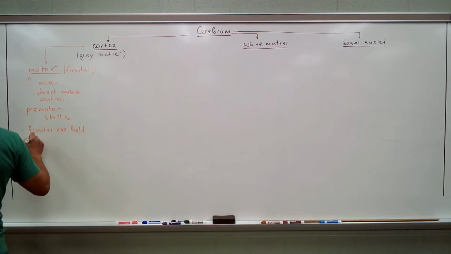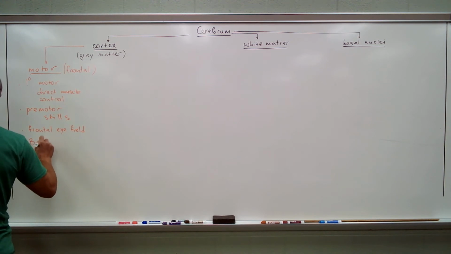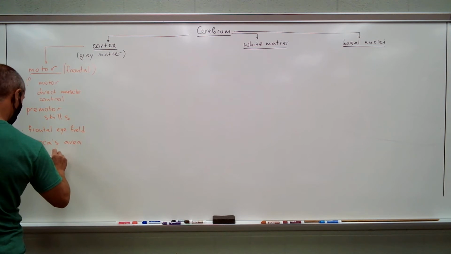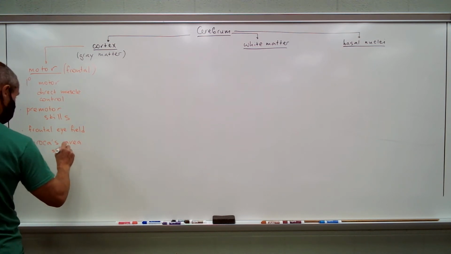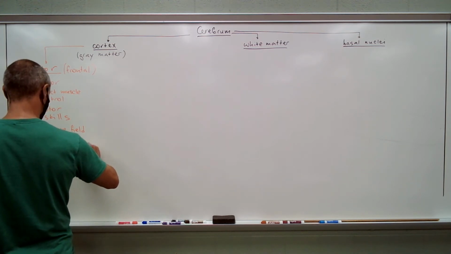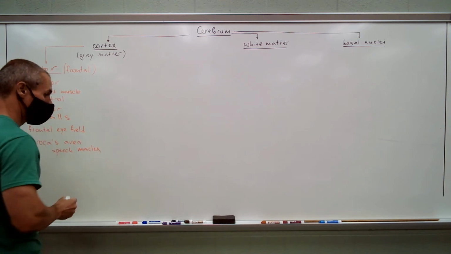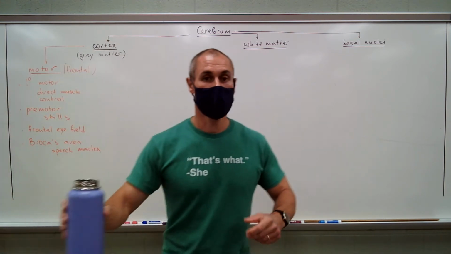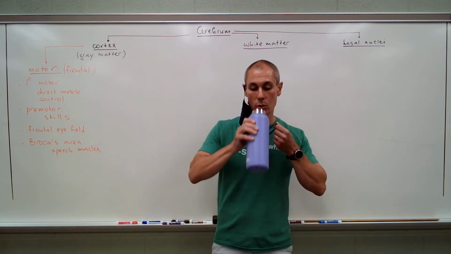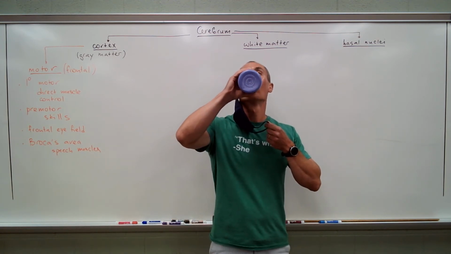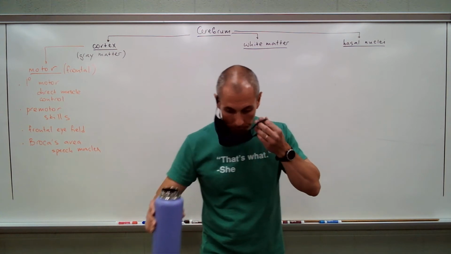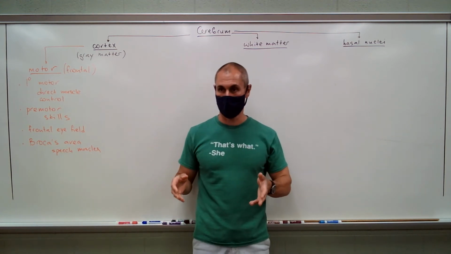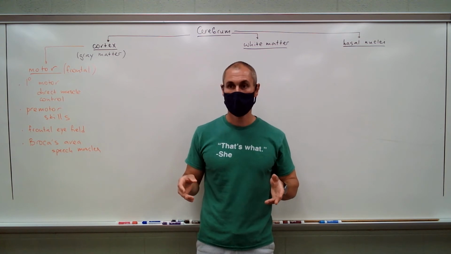And finally, Broca's area. You control speech muscles. I want to make it very clear. We're not talking about comprehension of speech, or knowing a specific language. Does that make sense?